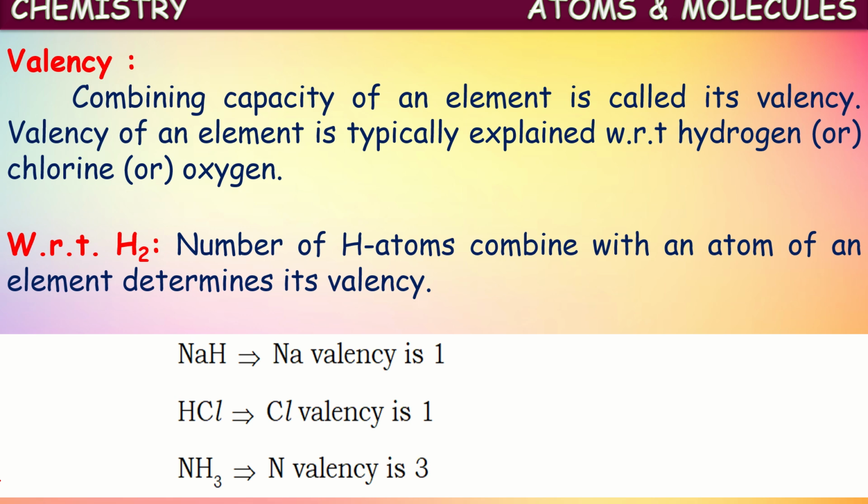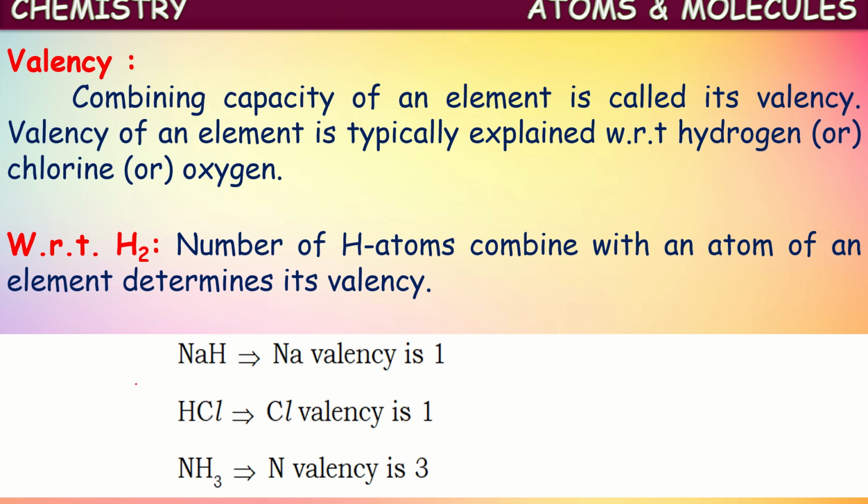So they are explained by comparing with hydrogen, chlorine and oxygen, which are considered as the references. With these examples, you will understand what valency is with respect to hydrogen and oxygen, and how we find the valency of an element. See here.